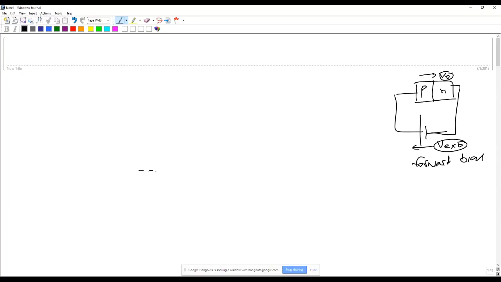And again, how do you depict this? You draw your EFP, but now because I'm connected to an external circuit, you no longer have the Fermi levels line up. You have some energy gap between them, and that energy gap is given by the external potential.